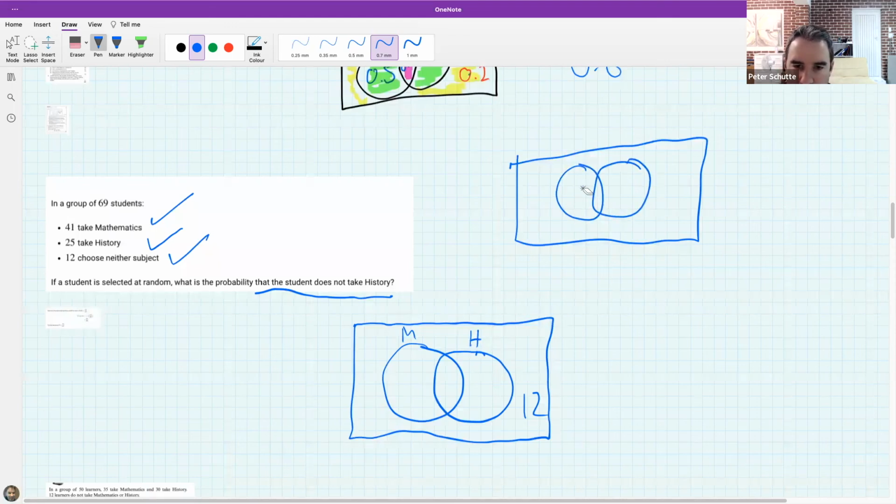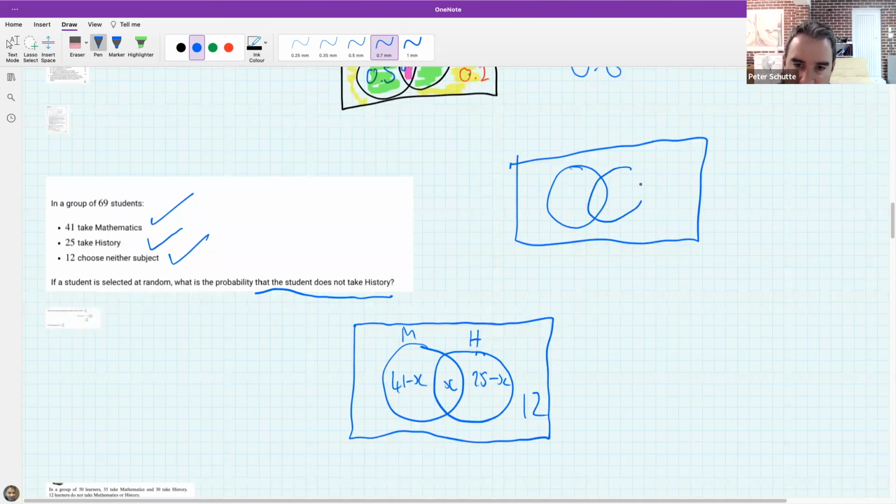The other possibility is you could make this X, and then you could make this 41 minus X, and then you could make this 25 minus X. And that might help you solve for X in another way. So that's one possibility. I hadn't actually shown that earlier in the lesson.